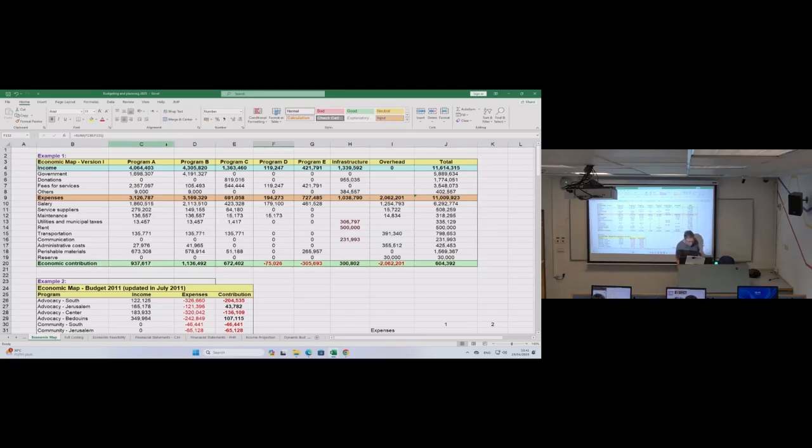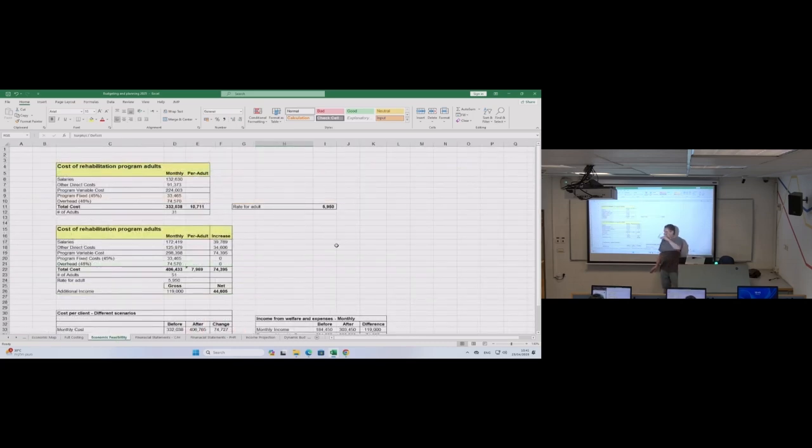And this is not accidental. This is a policy. The Ministry of Welfare in Israel looks differently on youth and adults, and the ministry is financing the full cost for youth and only half of the cost for adults.